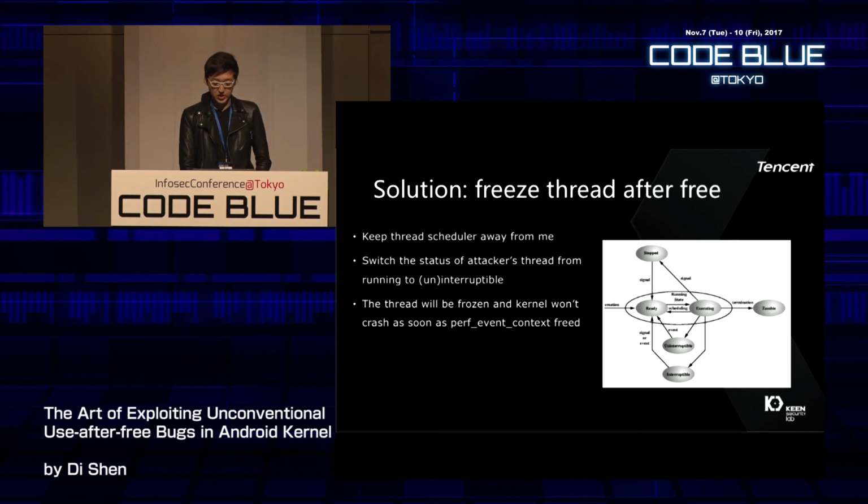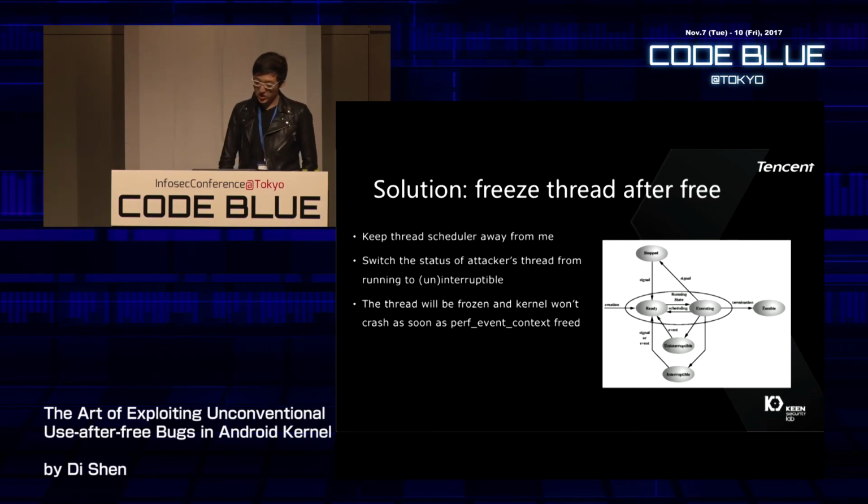So here is my solution. To avoid the kernel crash, the attacker's thread shouldn't resume execution until we finish the heap spray. So in that case, I need to find a way to freeze the thread. This picture explains the life cycle of a thread in a modern operating system.